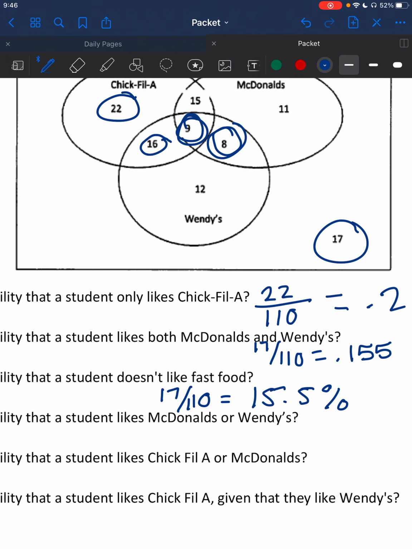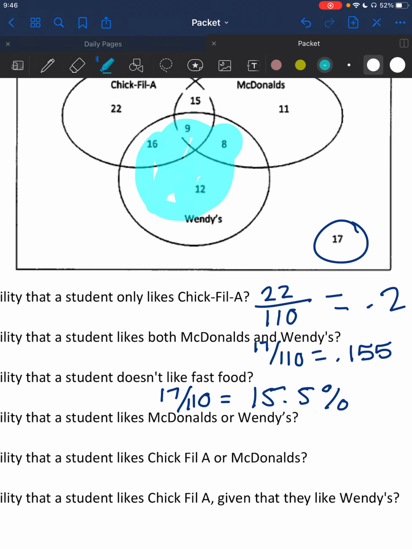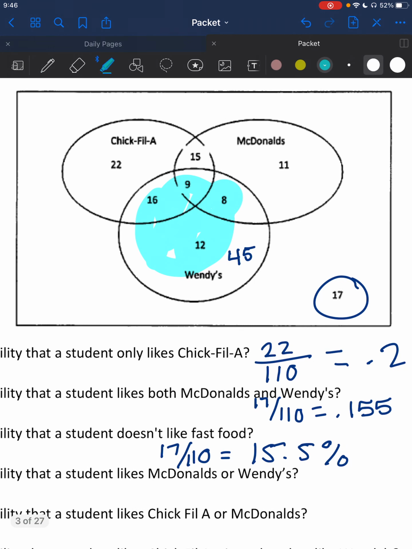So for all of Wendy's, I'm going to add all of these. 16 plus 8 plus 9 plus 12. 45. Okay, and then we have all of McDonald's, which are these ones. And that's 43.